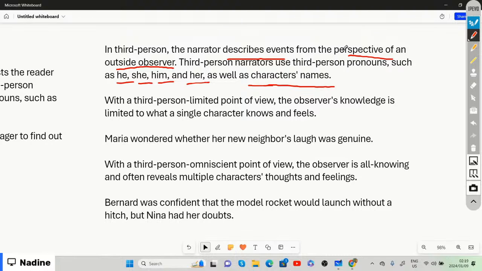And then also with a third person omniscient point of view, the observer is all knowing and often reveals multiple characters' thoughts and feelings.